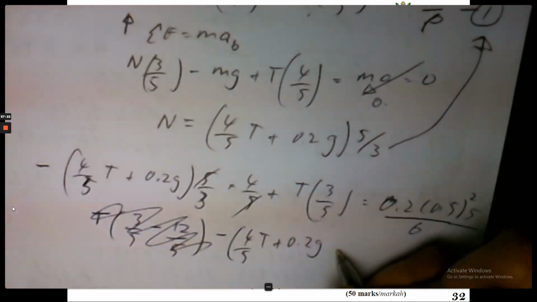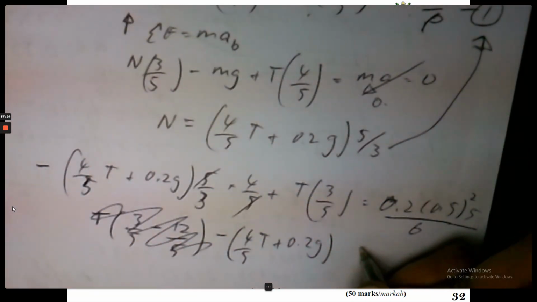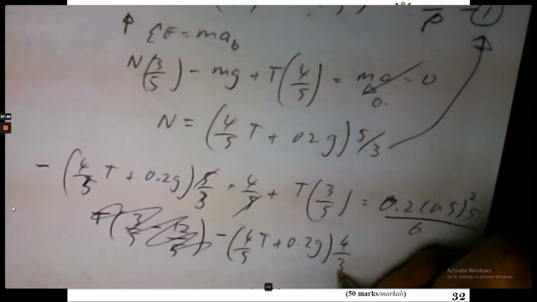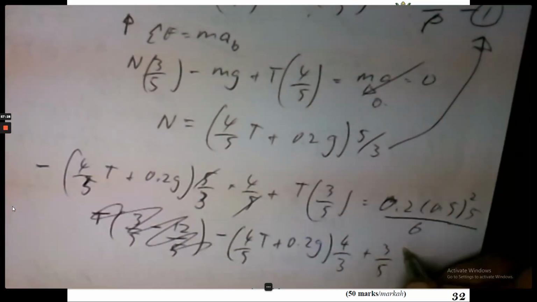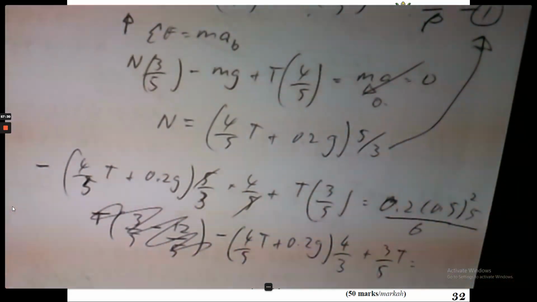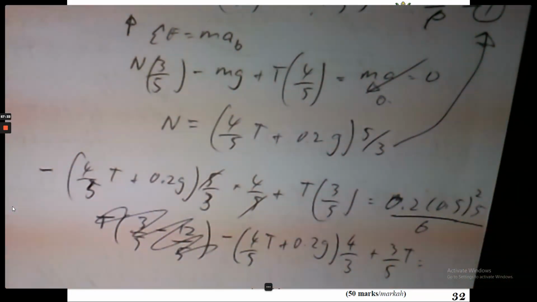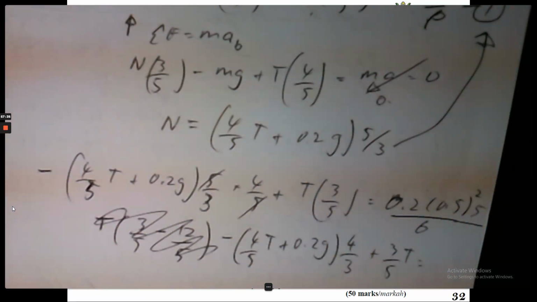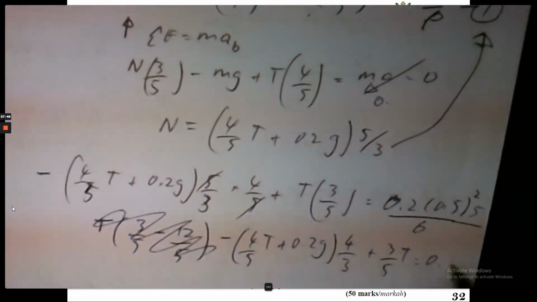Negative 4/5 T plus 0.2 g times 4 divided by 3 plus 3/5 T equals to, okay, 0.5 squared times 0.2 divided by 6, 0.042.